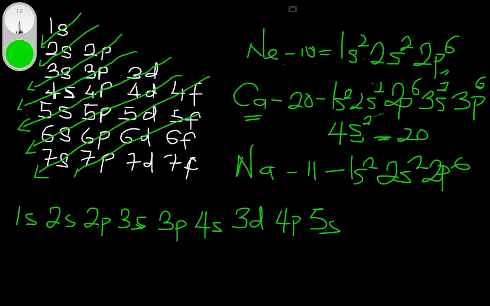Neon is 10, sodium is 11, so we have only one left to be accounted for. After 2p, the next in line is 3s. So we create another orbit for sodium, 3s, and put the remaining one there: 3s1. So this is the electronic configuration of sodium.